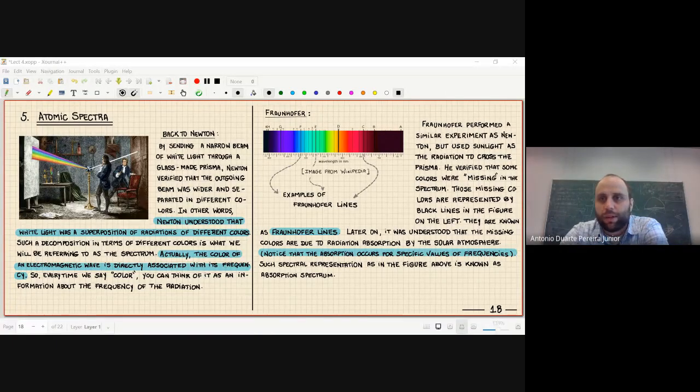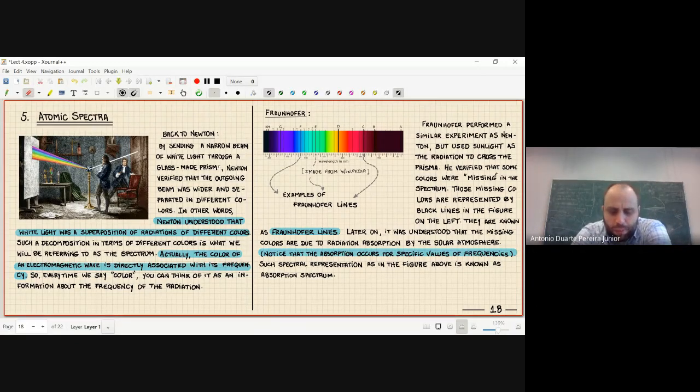The prism, yeah. So you are correct. I should say prism, okay, and not prisma. I'm using the Portuguese word actually. In Portuguese, we say prisma. So this is a prism. So maybe I should fix the notes. So this is a prism.